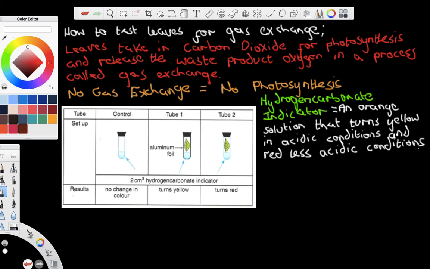So essentially it's an indicator that turns yellow when it's more acidic and turns red when it's less acidic.